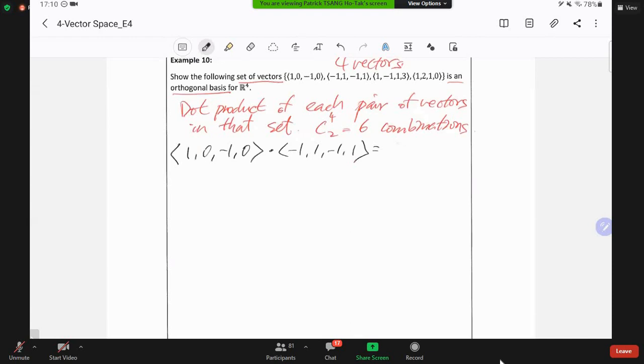When you work out the dot product, you get -1 plus 0 plus 1 plus 0. So for the combination of the first and the second vector, the dot product is 0. Of course, you are going to have some other combinations, but I just skip the intermediate steps and tell you the answer.